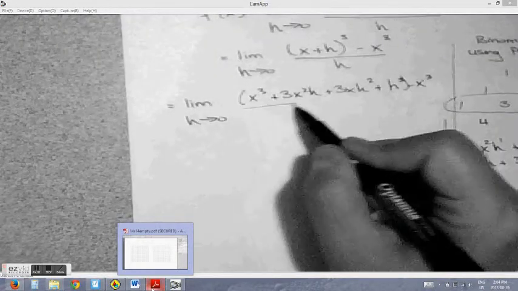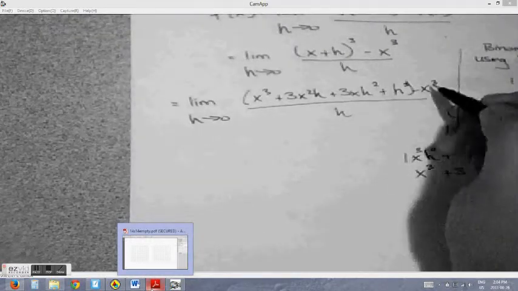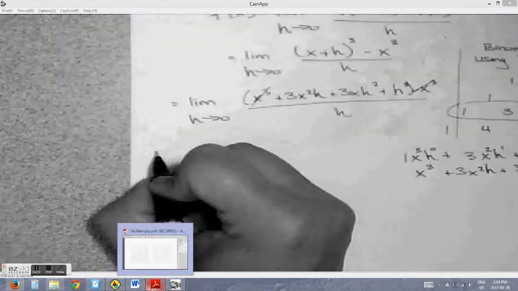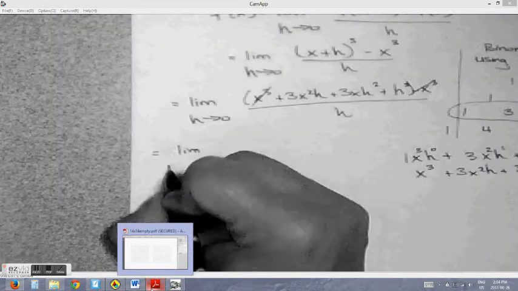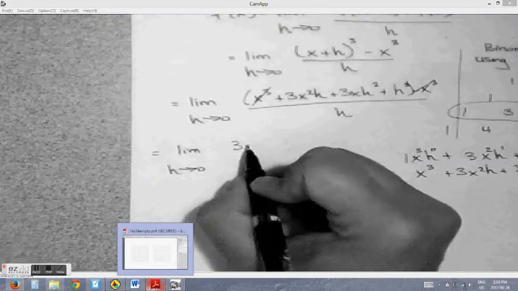Drop my little bracket there. We can cancel out the x cubed, so I'm going to go ahead and do that, and rewrite everything that I have left.